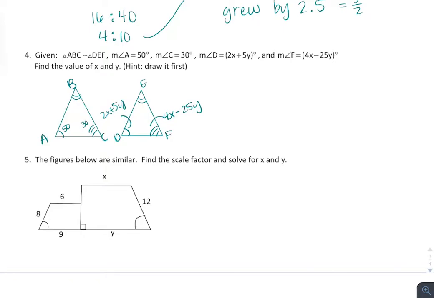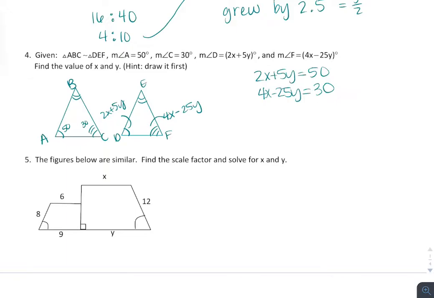So we're going to set A and D equal to each other. So 2x plus 5y is equal to 50. And then C and F are going to be congruent. So 4x minus 25y equals 30.